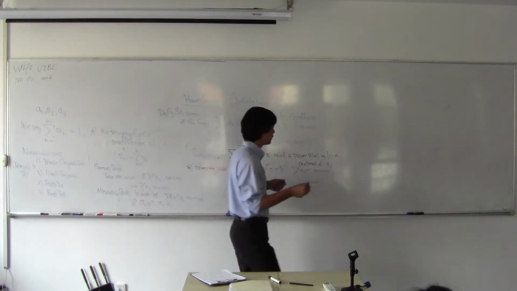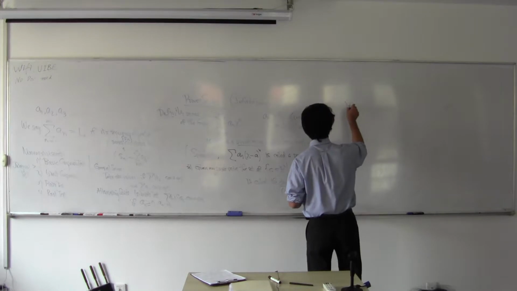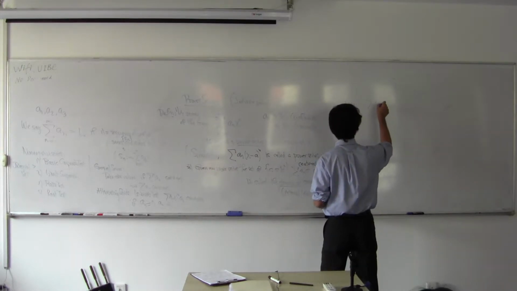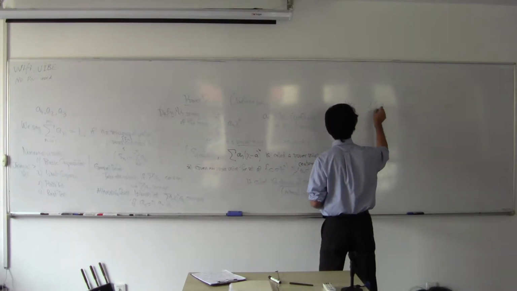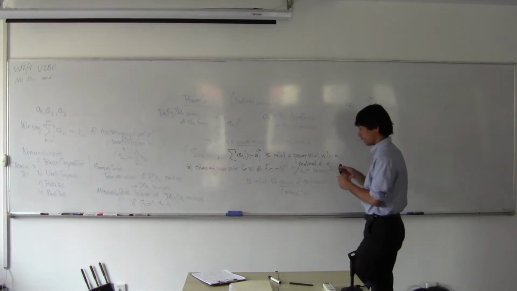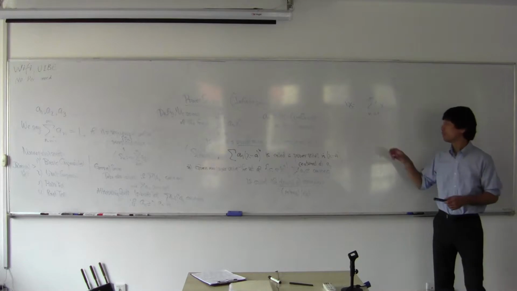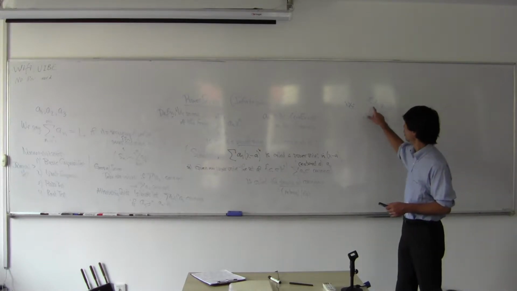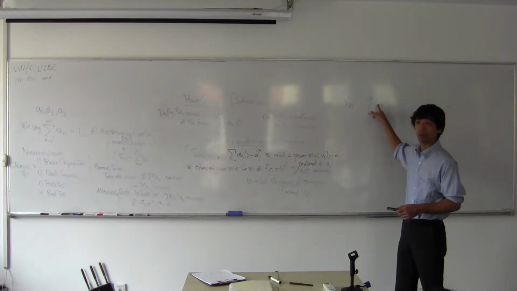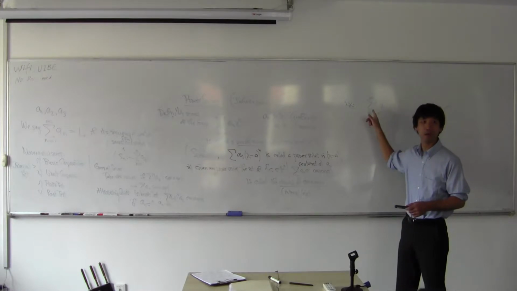Okay, so let's give an example. The most simple example is this one: summation x to the n from 0 to infinity. Here's maybe the simplest power series. All of the coefficients are the number 1, all of the a sub n are 1.